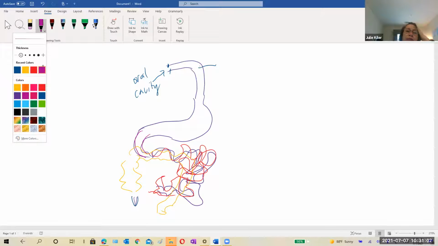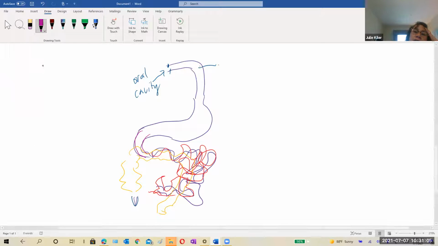Yep. So now, since we're talking about pharynx, there are three parts of pharynx. What are they? So this is your mouth, and then your nasal comes in here, right? So this is the nasal cavity.